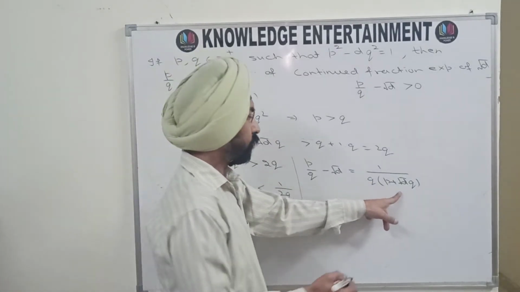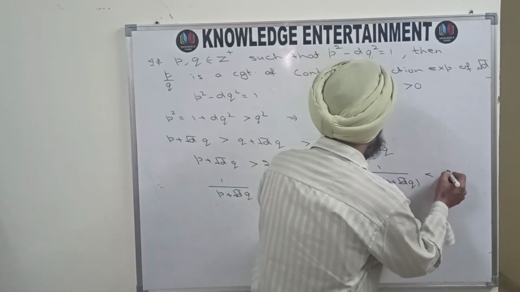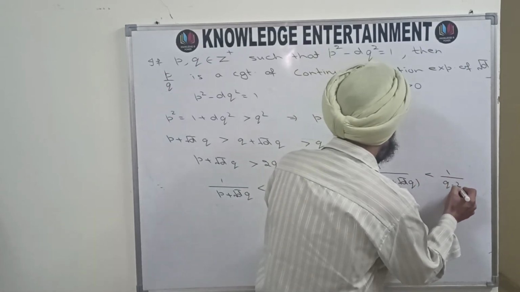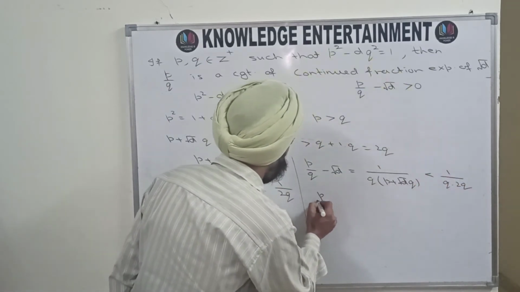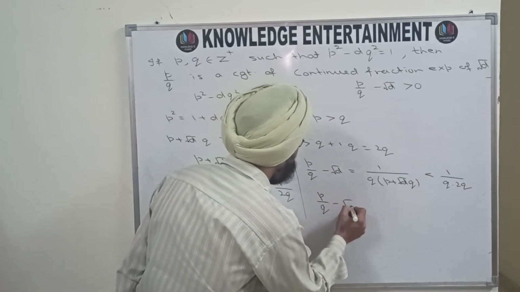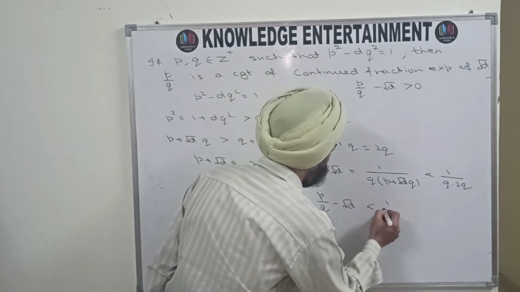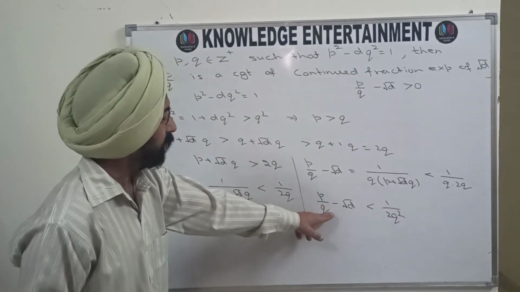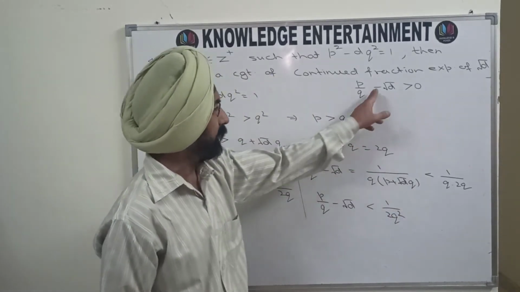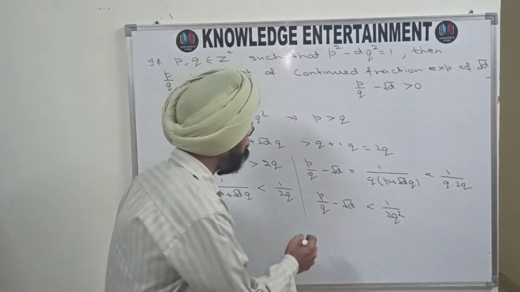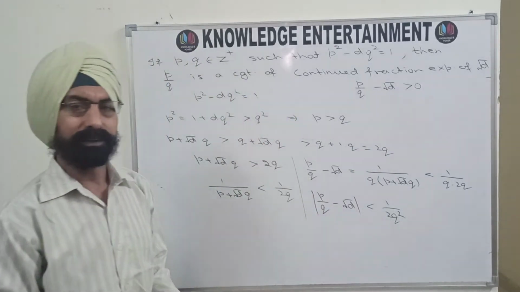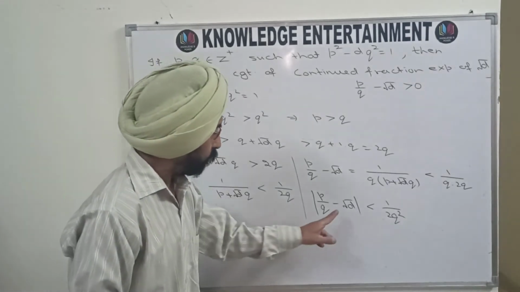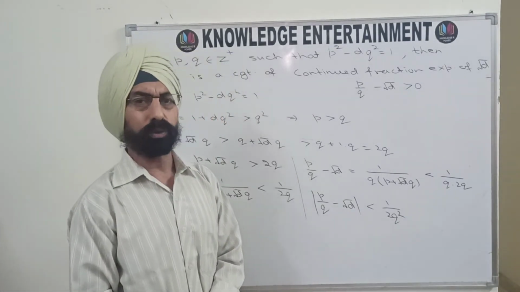Use it here, so it will become less than 1 upon q into 2q. So p upon q minus root d is less than 1 upon 2q squared. Also, p upon q minus root d was positive, so you can put a mod here because it is a positive quantity. So the mod of this quantity is less than 1 upon 2q squared.